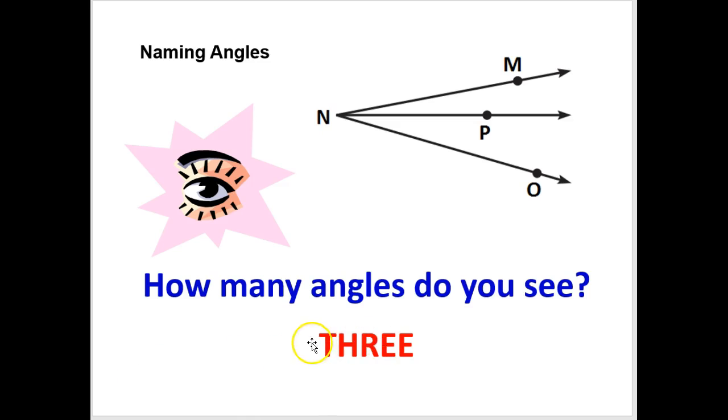Oops, you're not supposed to see this yet. So how many angles do you see? One, which is MNP. So this angle in here is angle MNP. This angle right here is ONP or PNO.